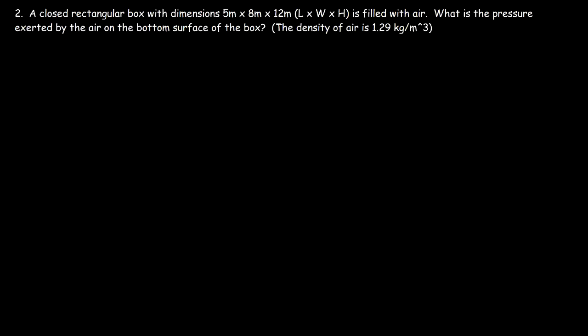Number 2: A closed rectangular box with dimensions 5 meters by 8 meters by 12 meters is filled with air. What is the pressure exerted by the air on the bottom surface of the box?